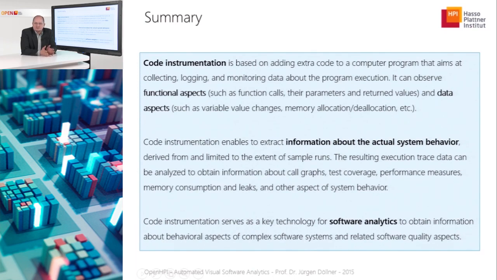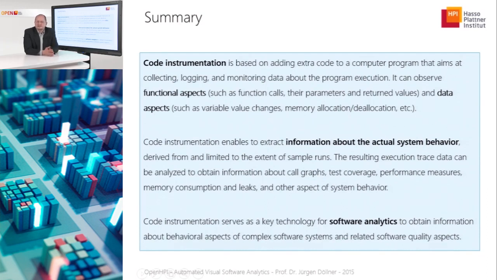It can observe functional aspects such as function calls, parameters, and returned values, as well as data aspects such as variable values, changes to these variable values, memory allocation, deallocation, etc. Code instrumentation enables us to extract information about the actual system behavior, derived from and limited to the extent of sample runs. So finding appropriate use cases is very important to get a representative collection of system behavior recordings.